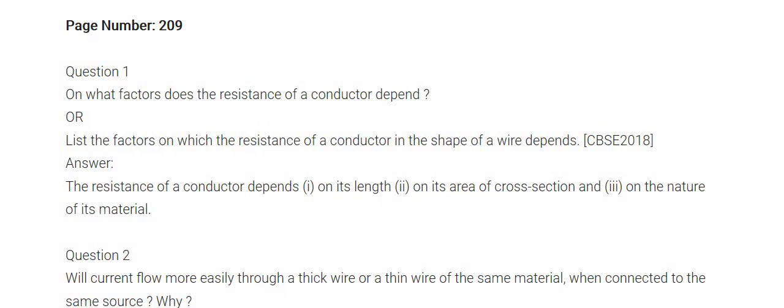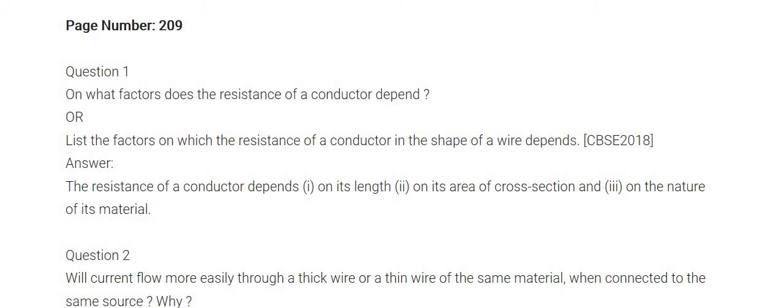Next question: on what factors does the resistance of a conductor depend? Or list the factors on which the resistance of a conductor in the shape of a wire depends. It was already asked in CBSE 2018.